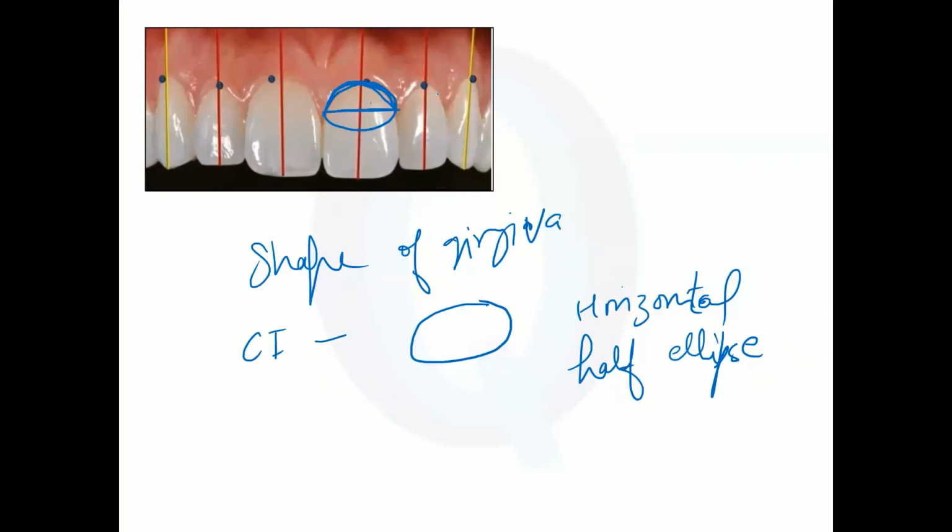For a lateral incisor, it is part of a circle. And for canine, it is vertical ellipse. So the canine, the height should look like this. You understand this shape of gingiva? For canine, it is vertical half ellipse. Did you understand, Dr. Tejasvi? I need an answer. We are running short of time.